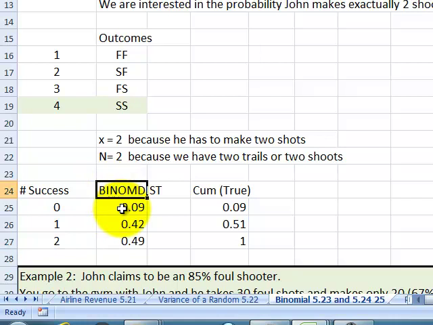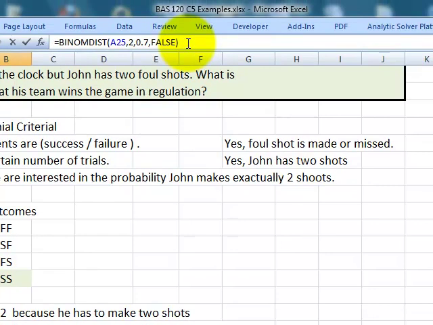Since we have a binomial distribution, Excel has a binomial distribution function. First you put in how many successes we're assuming. Second you put in the probability of any given event. They tell us he's a 70% foul shooter, so we say 0.7.